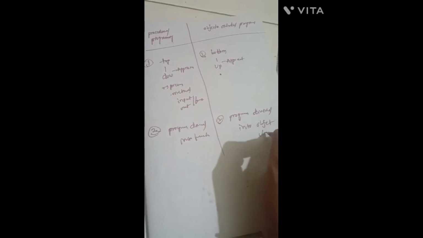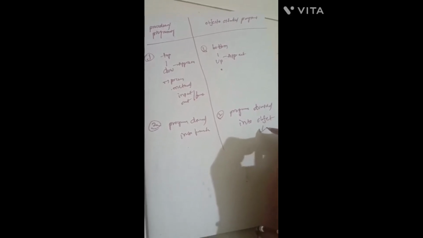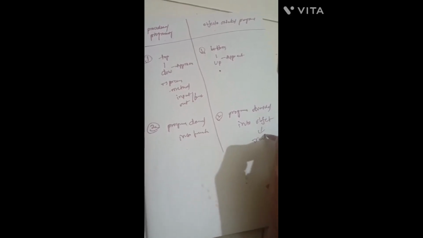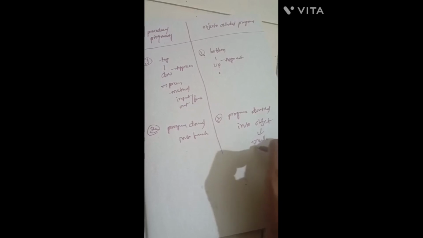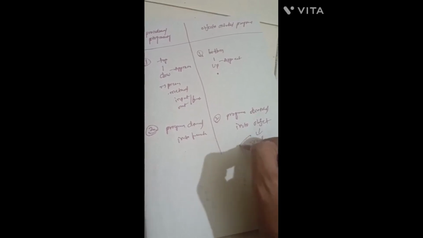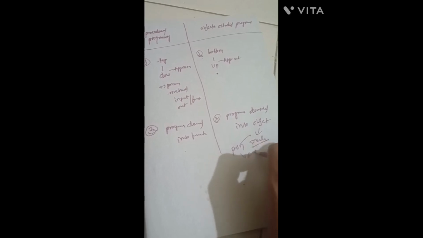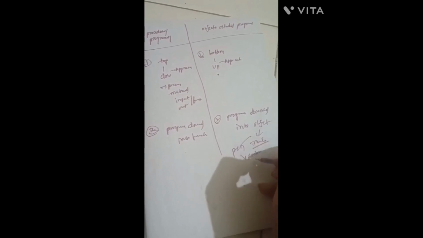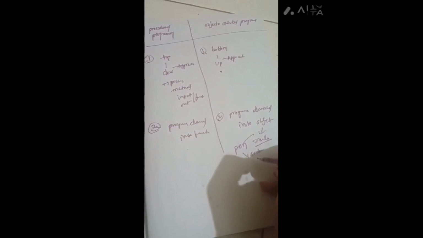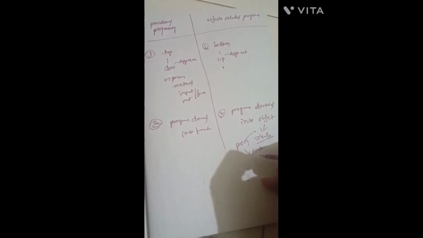Object means it is physically existing in the real world. Physically existing in the real world means pen is one object, book is one object, and person is an object. These are the objects.